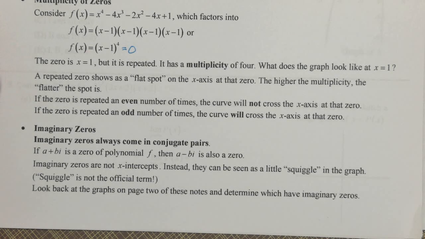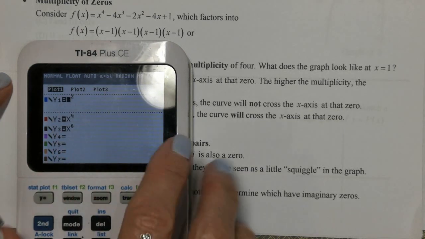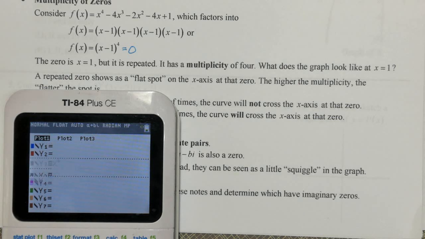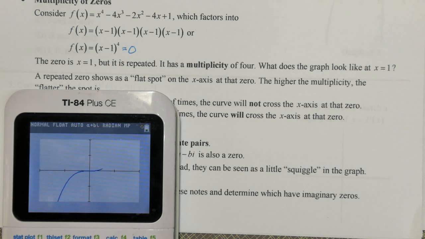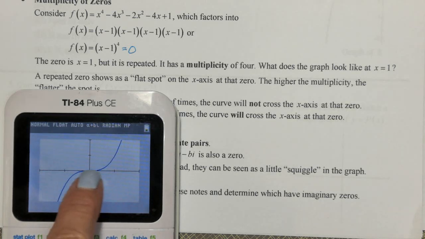You see I chose 2, 4, and 6 for our exponents there. What if I chose an x cubed? What if we had an x to the 3rd power? We should know what that looks like. It's one of our parent functions, but there it is. So it still has a flat spot, but it doesn't bounce and come off. It goes through the x-axis.